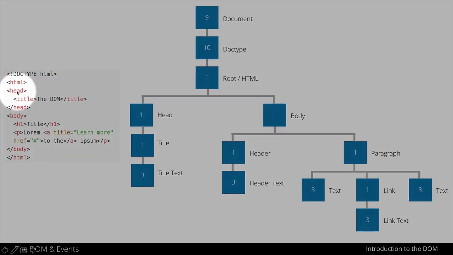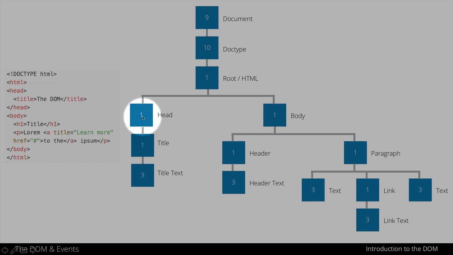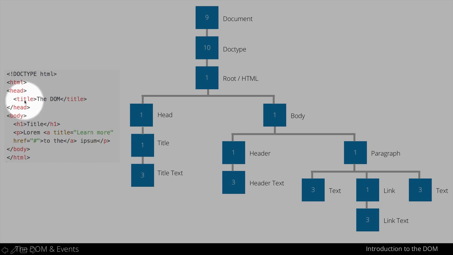Then we have our head element, which is number 1, which is an element tag. Inside of that, we have a title, and then inside of the title is the title text. So according to the DOM, the title tags here, opening and closing, are one node, and then the text that goes inside of it is a separate node.